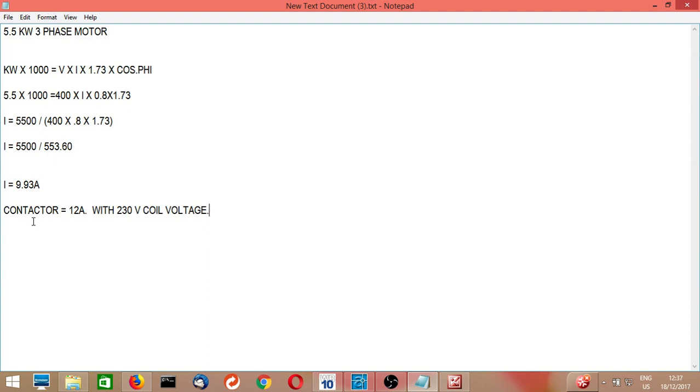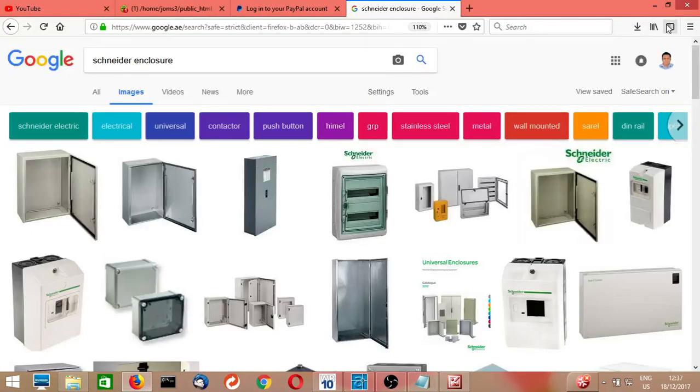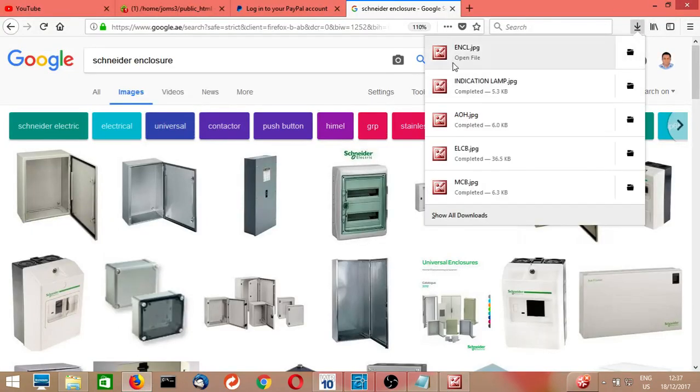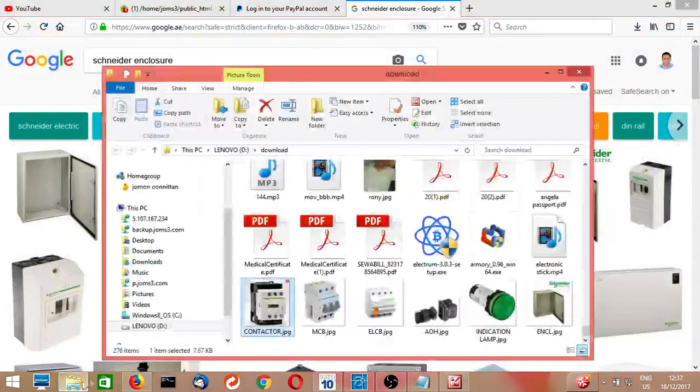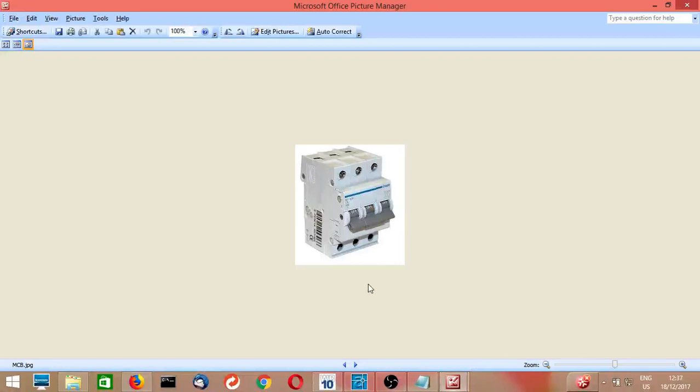So the other thing we have to consider for the DOL starter is the main MCB, which is used for the protection of this motor, wire, everything. So I will show one more picture of the MCB here. This is the MCB.